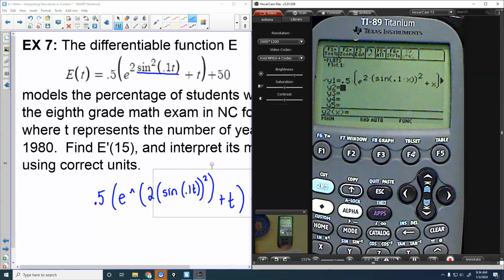Should look like this. There's a plus 50 over there on the end that you can't see.